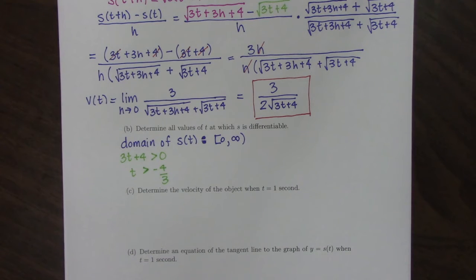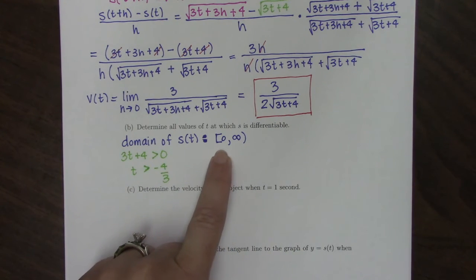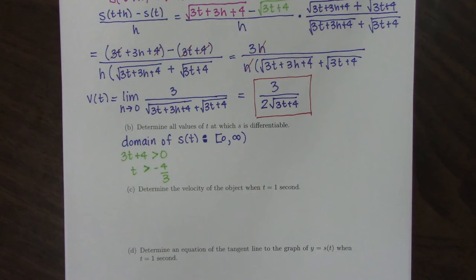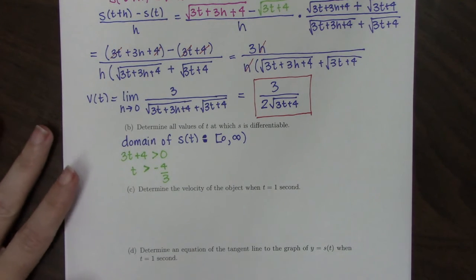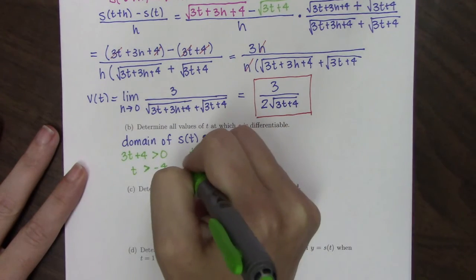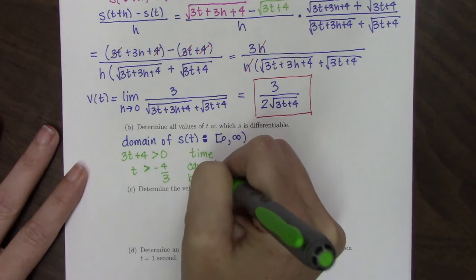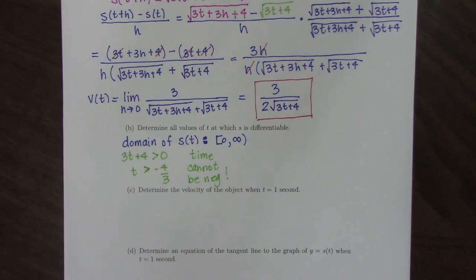I can tell you right now, a very common wrong answer on this question would be -4/3, not included, to infinity. That would be wrong because the original function said time cannot be less than 0. If it can't be less than 0 in the position function, it can't be less than 0 in its derivative function. So time cannot be negative.